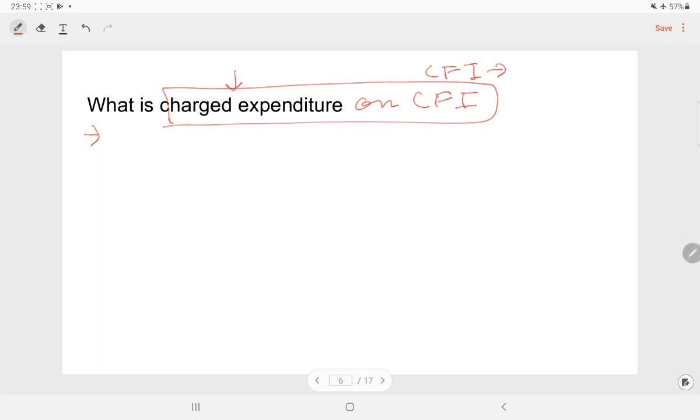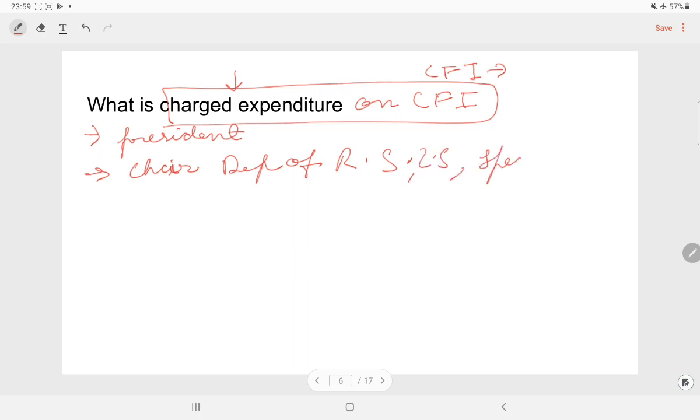So what are the different charged expenditures on the CFI? The first is the salary and emoluments of the President, which cannot go for voting. Then the chairman and deputy chairman of Rajya Sabha, and the speaker and deputy speaker of Lok Sabha, their salary, emoluments and allowances cannot go for vote.